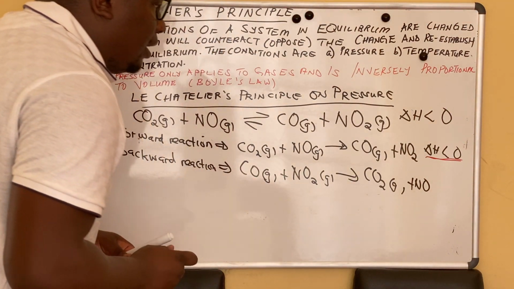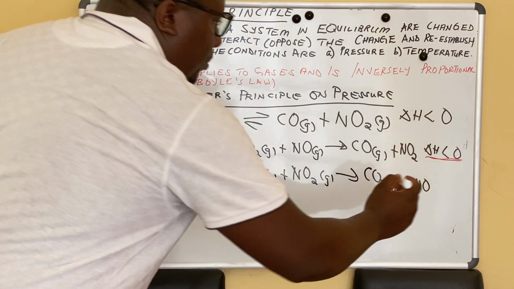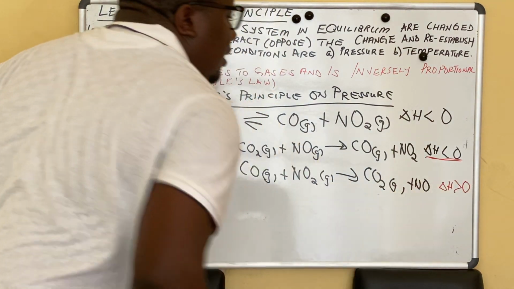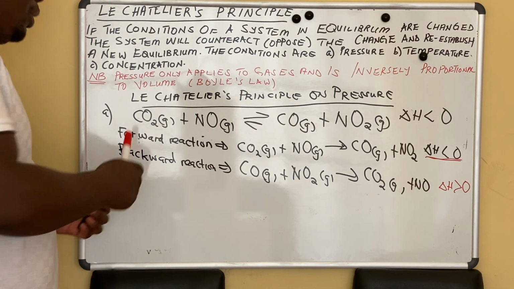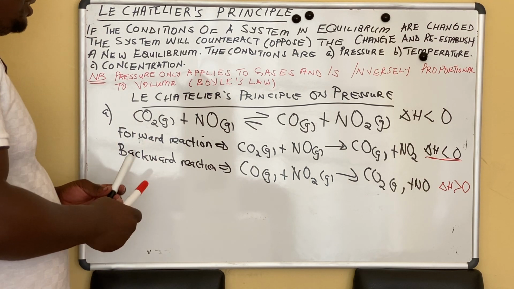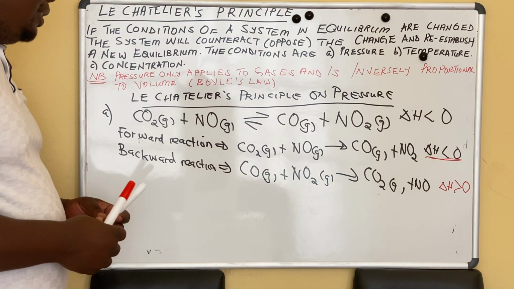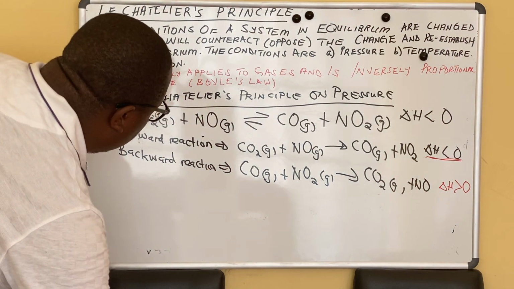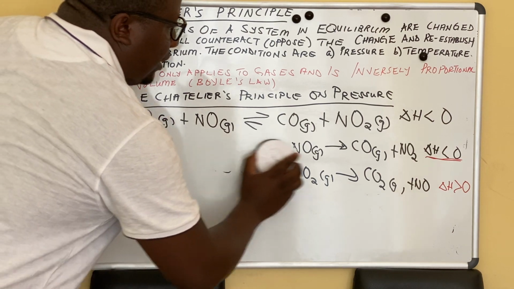And then if for the forward reaction delta H is less than 0, it means for the backward reaction, delta H has to be now greater than 0. It is the opposite. Are we together there? So you need to realize that these are the two equations that we are having when we look at Le Chatelier's principle. So now that we understand, I'm just going to erase this so that I can make space.